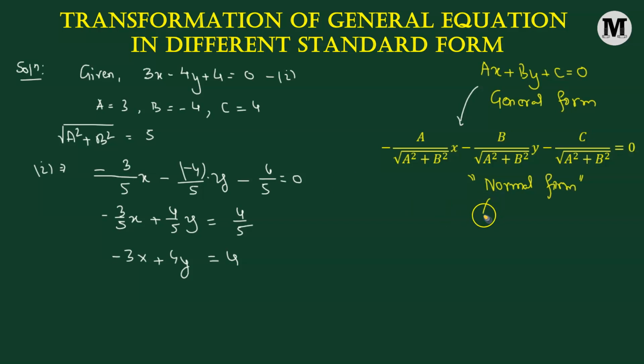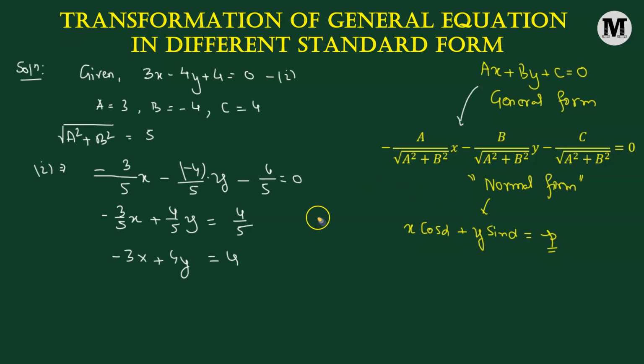Now we know that this is the normal form of a line. There is also another representation for the normal form of a line, which is given by x times cosine of the angle alpha plus y times sine of the angle alpha equals the perpendicular distance of the line from the origin, p.